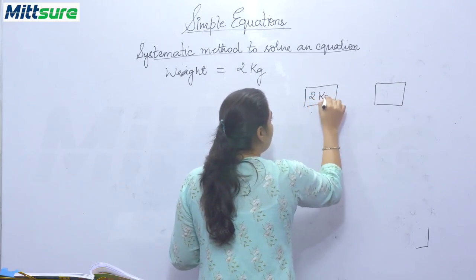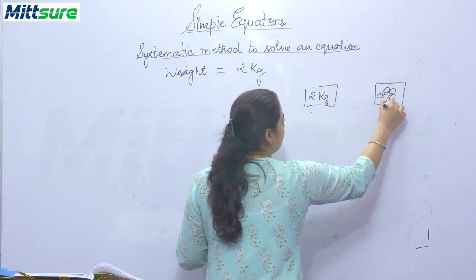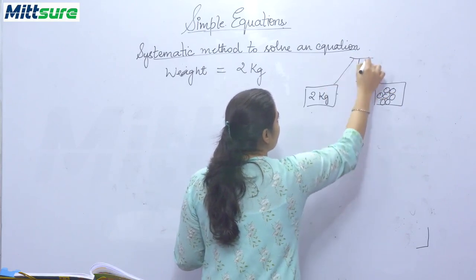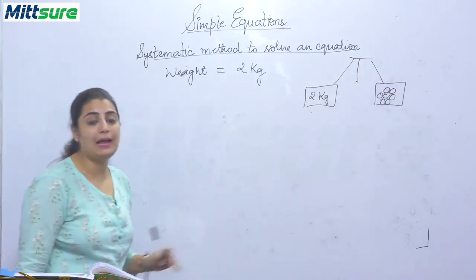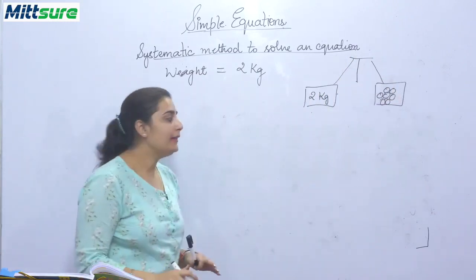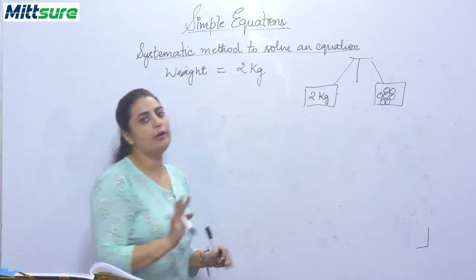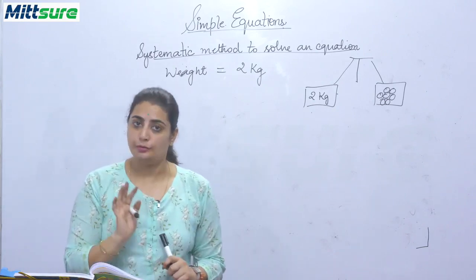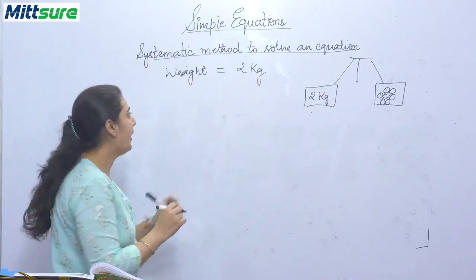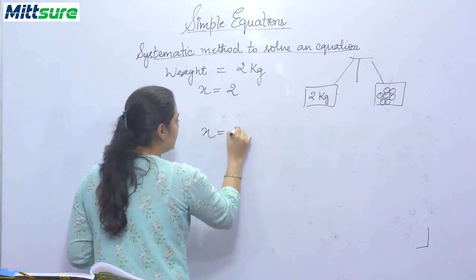So the shopkeeper keeps a weight of 2 kg and here the potatoes are being kept, right? Now until the balance comes to the same level, the shopkeeper keeps on putting the potatoes. Once the balance is equalized, then you can say that you have got the 2 kg quantity of the potatoes, right? So here I am expressing the weight 2 kg as x is equal to 2. Now this is the situation, x is equal to 2.